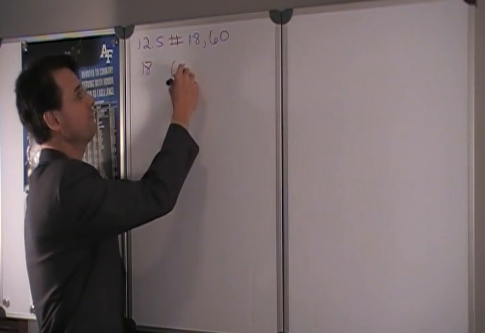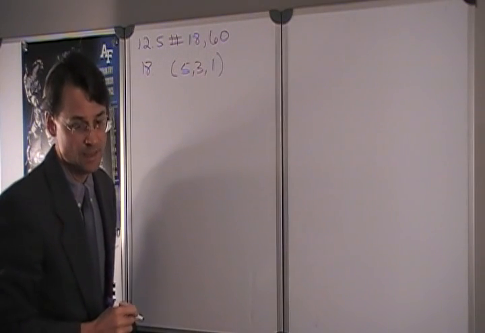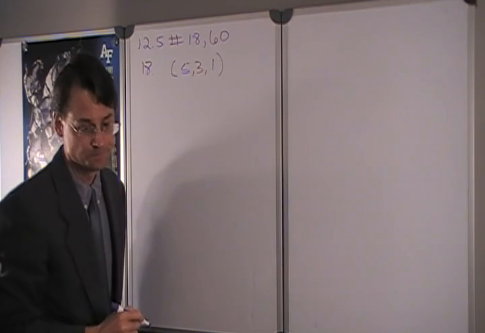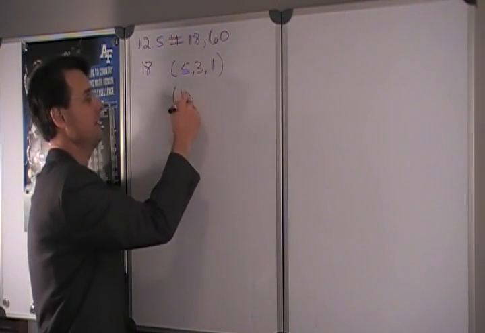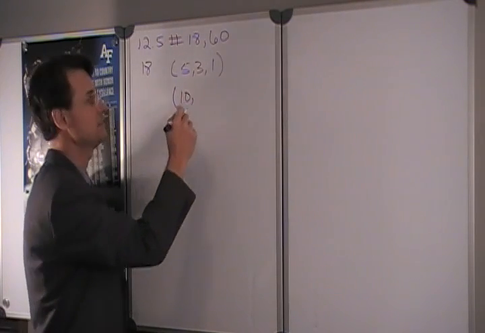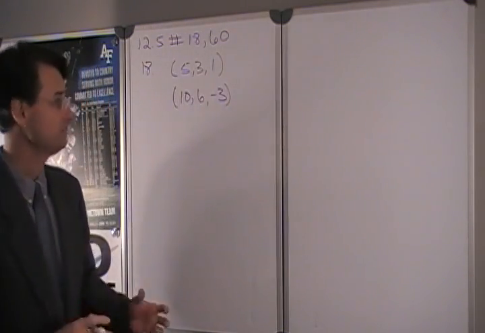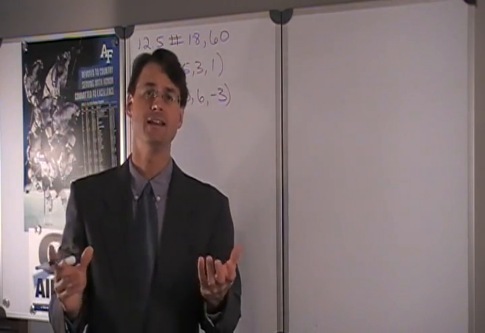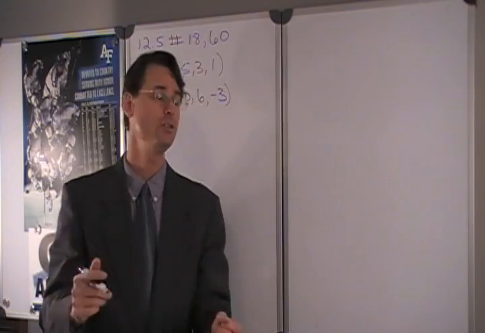Let's call one 5, 3, and 1. And let's call the other one 10, 6, and -3. And let's go ahead and have a careful problem-solving framework to use.